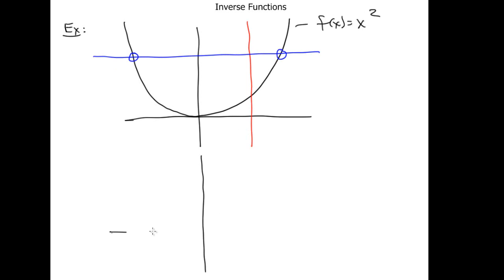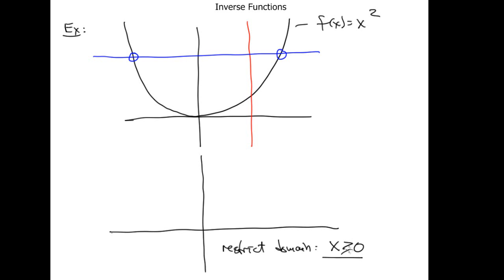On the other hand, we saw that the way we could fix this is by restricting the domain, and what we did is we said we're only allowing x greater than or equal to 0, and so the graph of the function is just this, and now it satisfies both the horizontal and vertical line tests, and so in this domain, this does have the inverse function, which is the square root of x as we computed before.